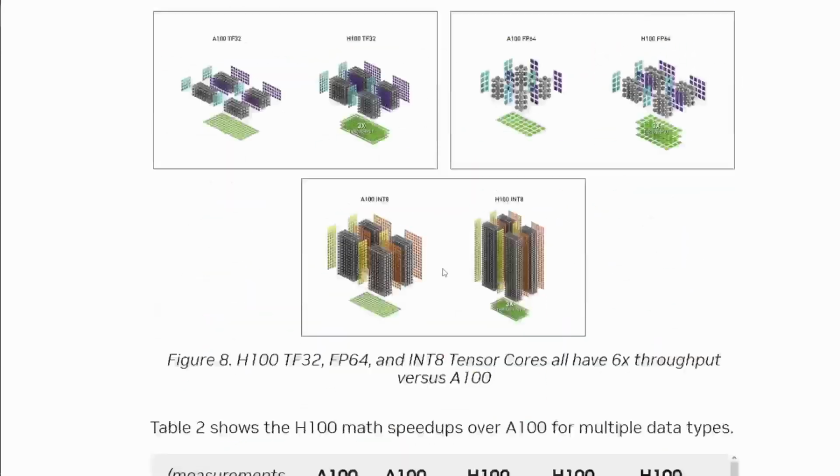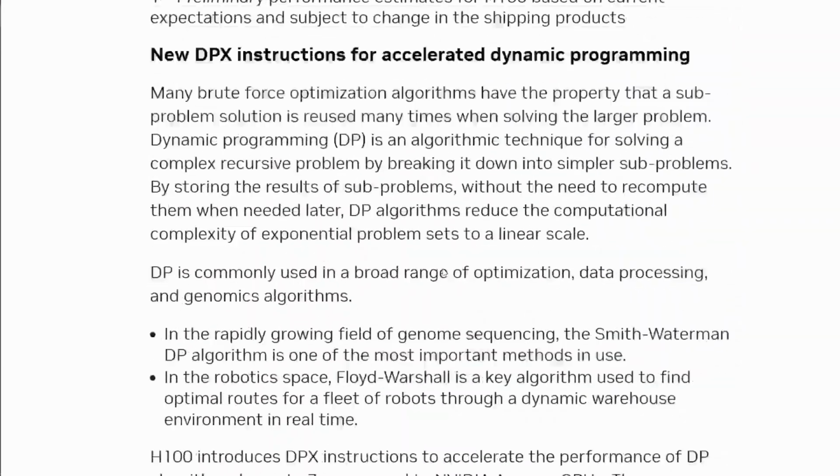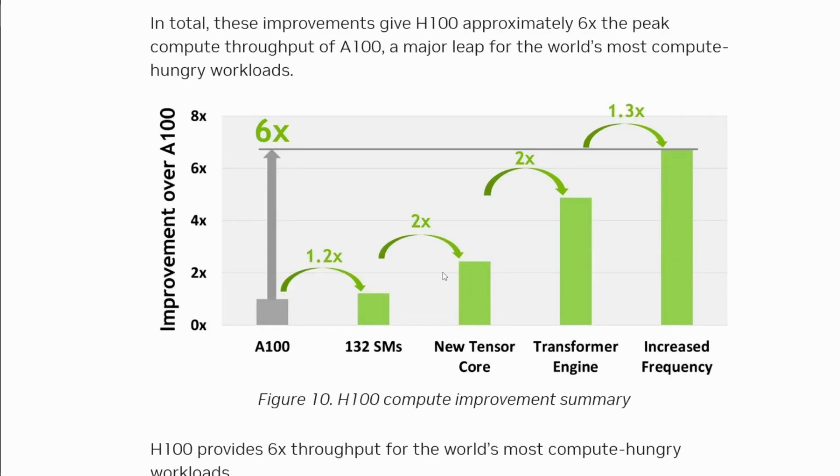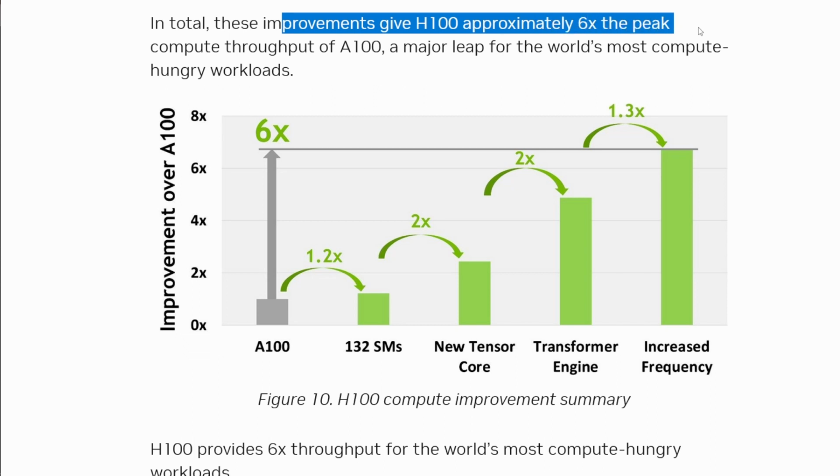Here we look at the baseline, the A100, the old generation, if you want, of NVIDIA GPUs, and we compare it with the better performance of the H100. NVIDIA tells us the improvement given by the H100 is approximately 6 times the peak compute throughput compared to an A100.